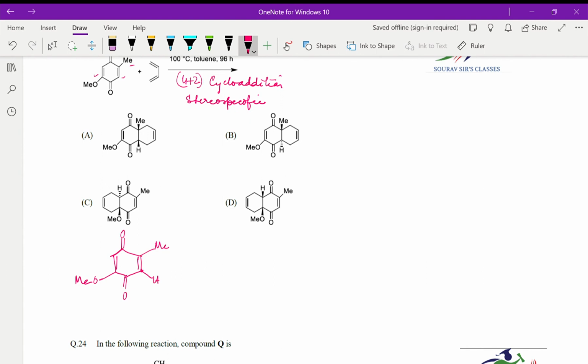Okay, and your butadiene system is like that. So what will happen? This bond will go here, that will come here, that one will go there. Okay, that is your 4 plus 2 cycloaddition, and obviously it is undergoing thermal condition.